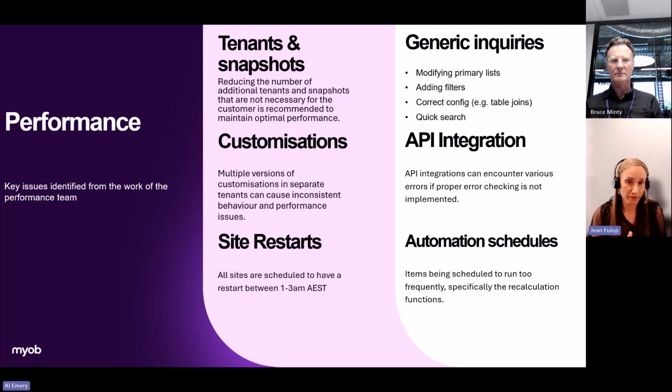For those of you who may not be familiar with this, think of a tenant as a separate workspace within our MYOB Acumatica system, and each tenant has its own companies or departments with its own unique data and settings. What is required is to periodically review your list of tenants and delete any that are no longer in use, because this helps reduce the load on the system and improve the overall performance.